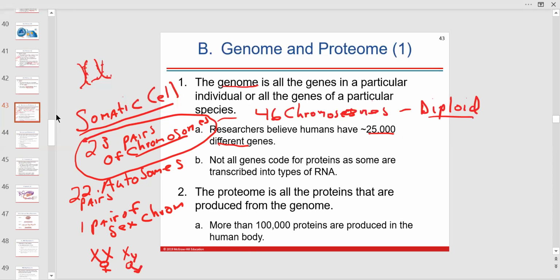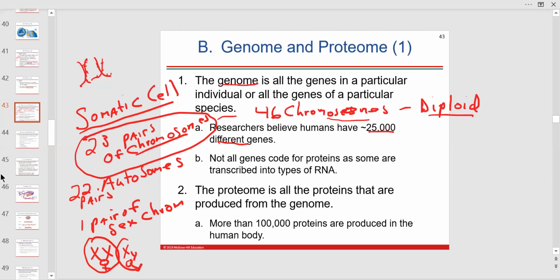So there's 22 different autosomal chromosomes that have different genes on them. They're what's called homologous, which we'll see later. They basically have two sites where the genes are, and one pair of sex chromosomes. So the sex chromosomes also carry genes.